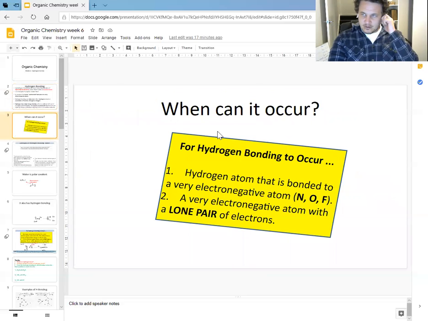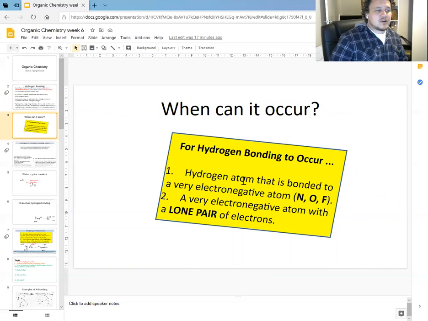So we know it can occur when hydrogen is bound to a very electronegative atom, so nitrogen, oxygen, or fluorine, or when you have a very electronegative atom with a lone pair of electrons. Now, that's probably a little bit outside the scope of 1112 for Queensland. Other states and IB, you probably go into that.